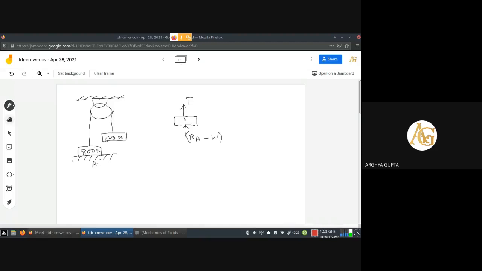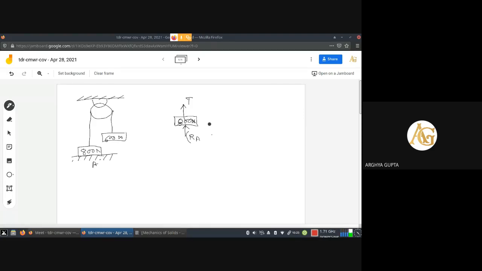Or to avoid confusion, I can write 600 Newton here or 800, whatever the weight may be. 800. So that will indicate that this is of weight 800 Newton.